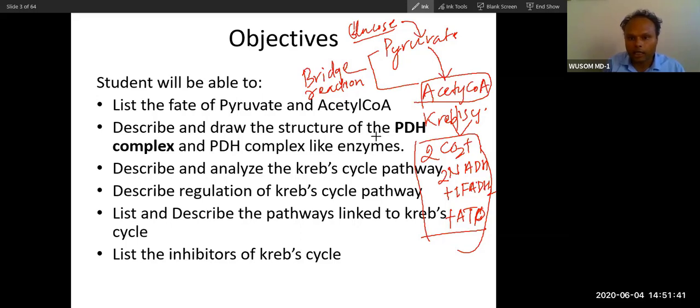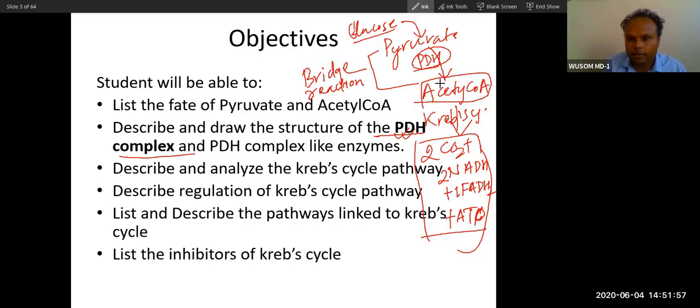This is catalyzed by an enzyme complex called pyruvate dehydrogenase complex, PDH complex. Today we will first study about this PDH complex.